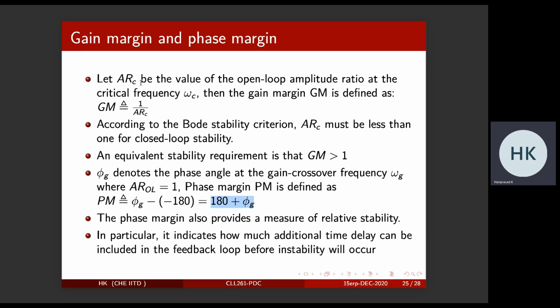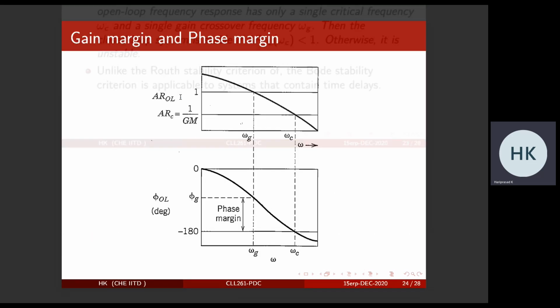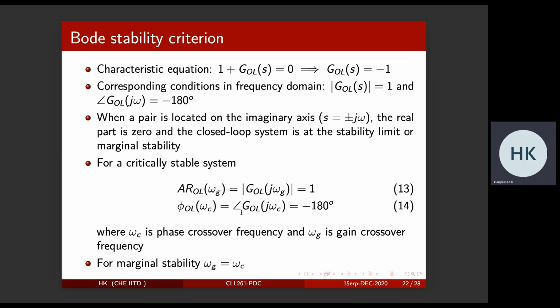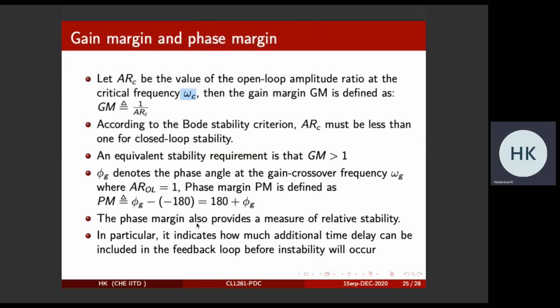This shows how far you are from phase instability. Gain margin, as I told you, is the inverse of the critical amplitude ratio, which is evaluated at the critical frequency WC, the phase crossover frequency.